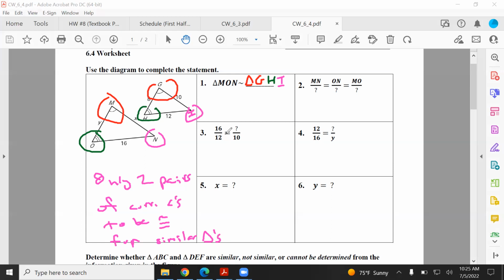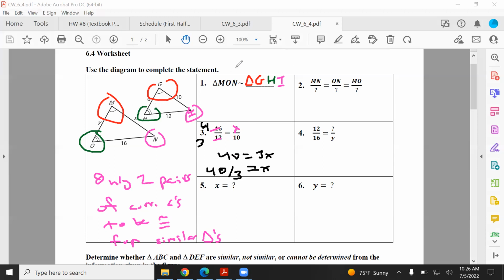So for number 3, you want to solve for this question mark. I'll call it X, and I'll probably reduce this to 4/3. Is that right? Yeah. So 40 equals 3x. So you get 40/3. Okay.